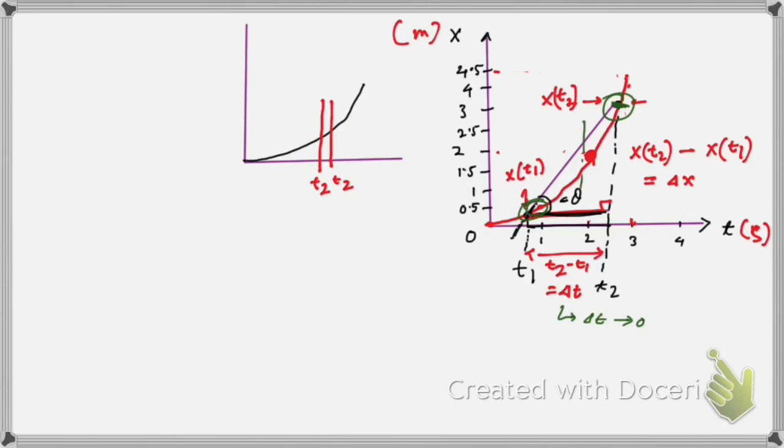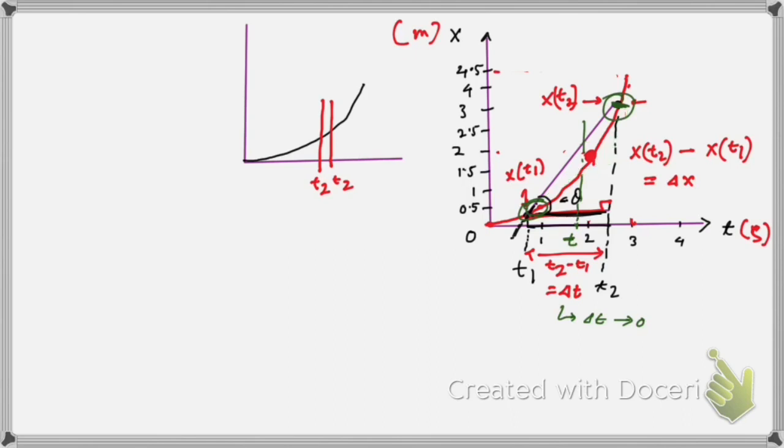Suppose we are going to find the velocity at an instant t. So at an instant t, how to find the velocity at this particular position? So let us assume that these two points, x(t2) and x(t1), are brought very close, right?